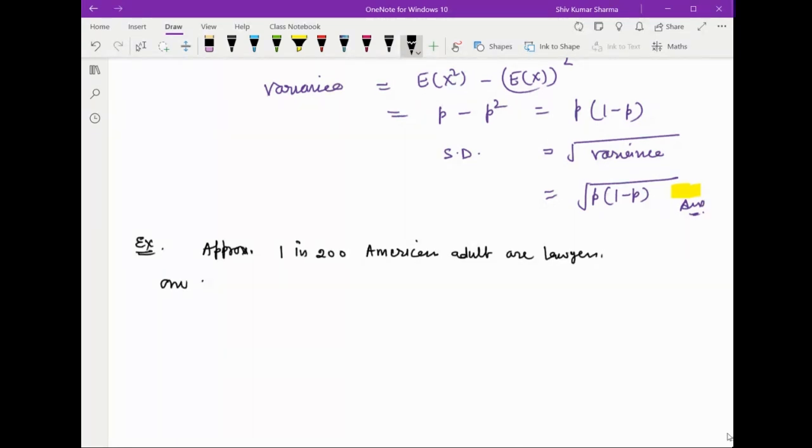One American adult is randomly selected.